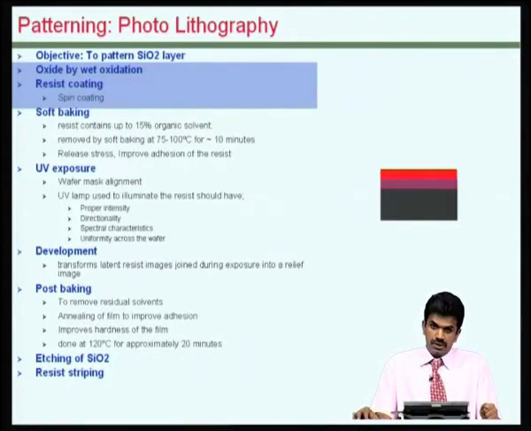In spin coating, we put a few drops of the appropriate resist material on the surface and hold it on a vacuum chuck in a spinner and spin the wafer at several thousand RPM. After it is spun, what you get is a uniform thickness of the resist on this surface.